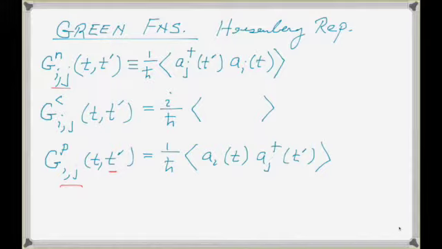And if you think of a Fourier transform, when I set the two times equal, we're Fourier transforming e to the iE(t minus t prime). I set t equal to t prime. That kills the exponential. That just means I integrate over all energy, which is exactly what we were doing to find the electron density, integrating Gn over all energy.